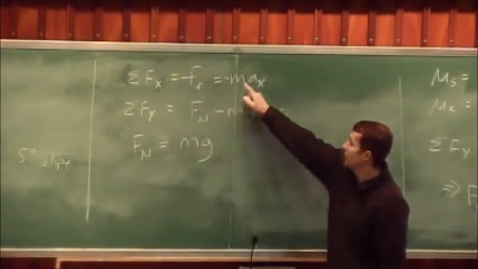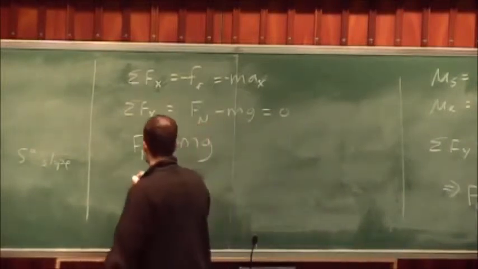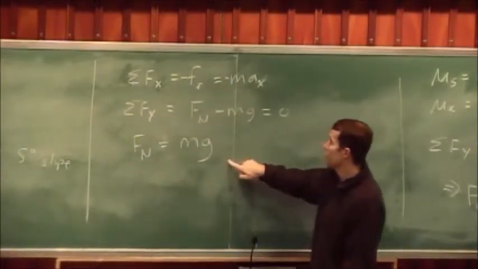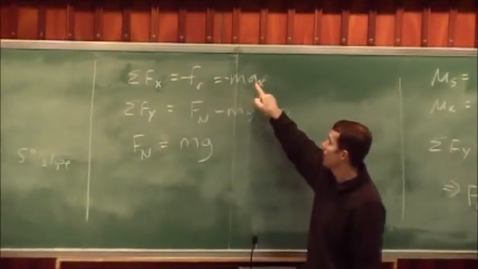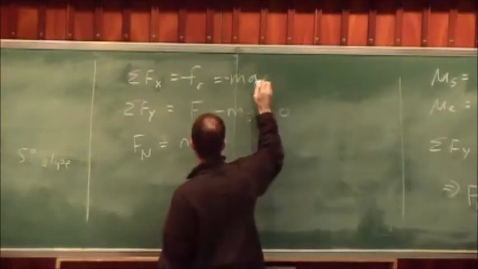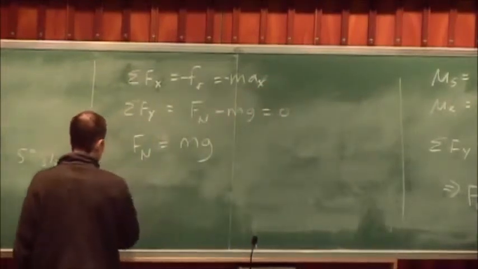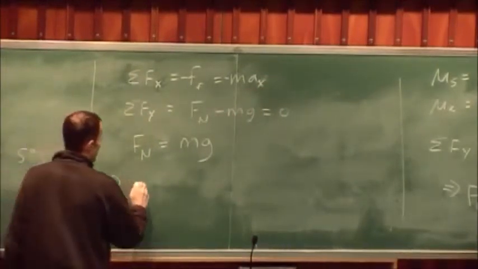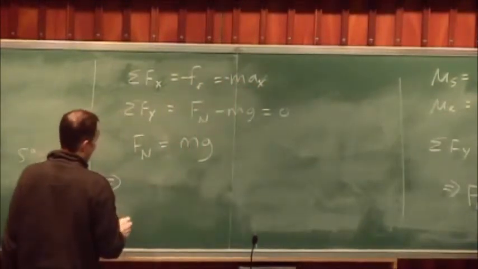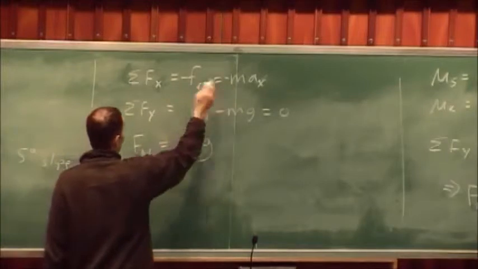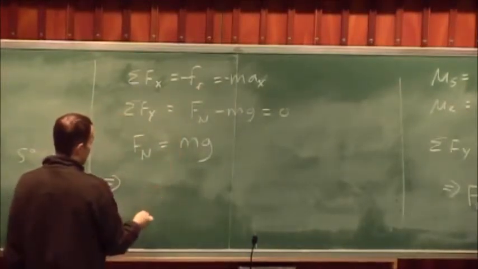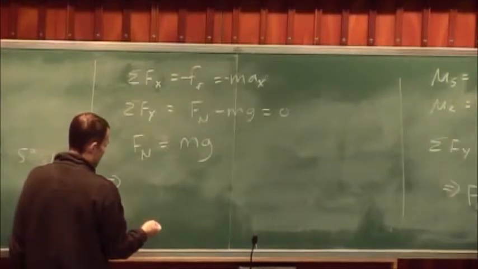We put that back up into here, and so now we have Fn is equal to this, and so we can find out what the frictional force is. I'm just going to drop the minus sign for both sides because I have minus on both sides. Just remember that the acceleration is in the negative direction.